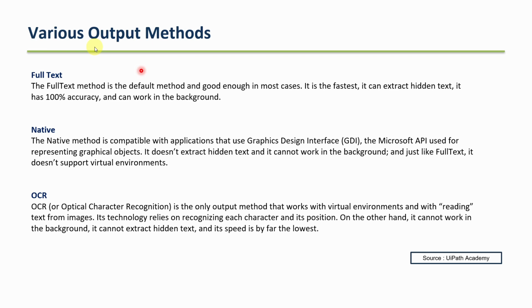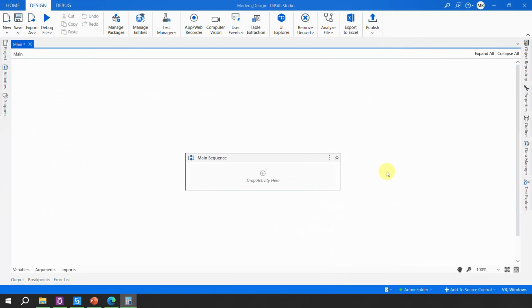Before getting into a deep dive on each of them, first let's see where exactly all these options are available in my UiPath Studio. So now let me go back to the same project which you have been working on, and let's explore the output methods in Studio. Okay, so I am back in my UiPath Studio.